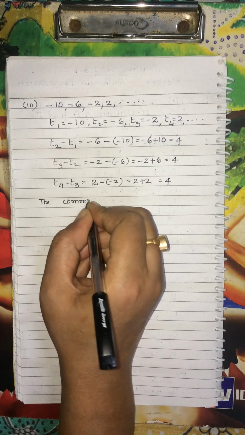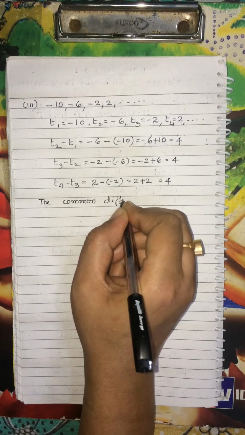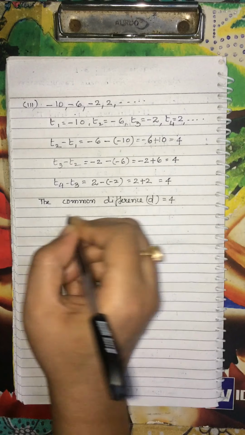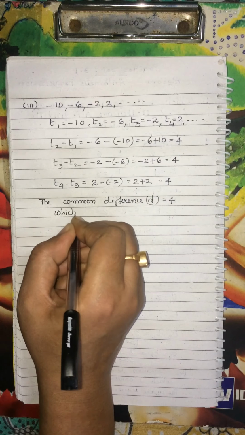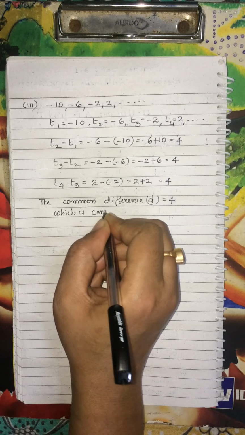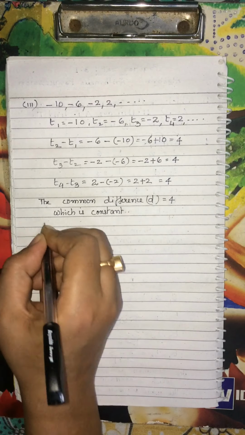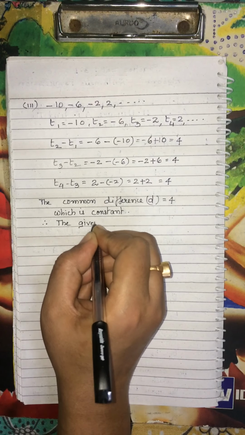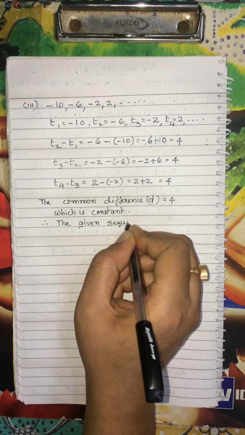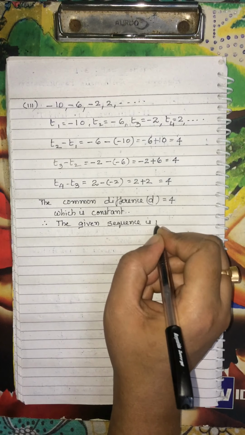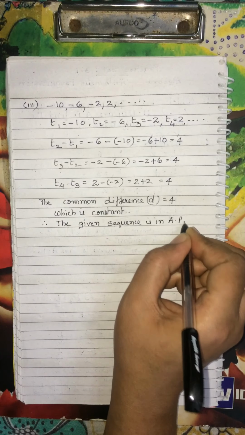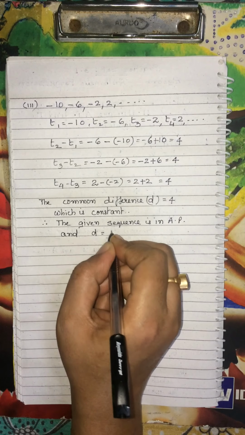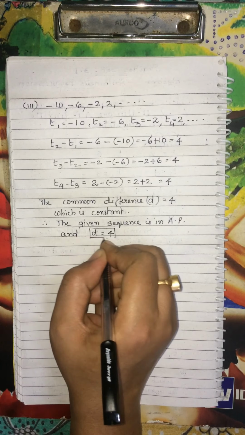So you have to write the common difference d is equal to 4, which is constant, and hence the given sequence is in arithmetic progression, which you can write in short as AP, and d, the common difference, is equal to 4.